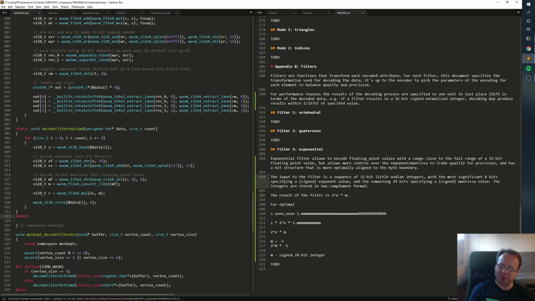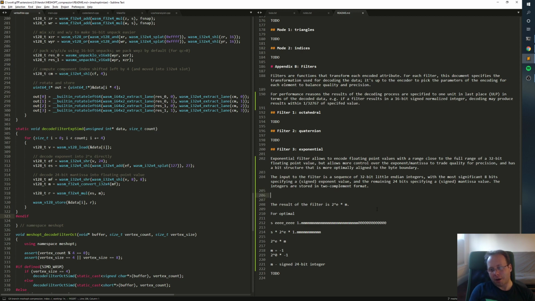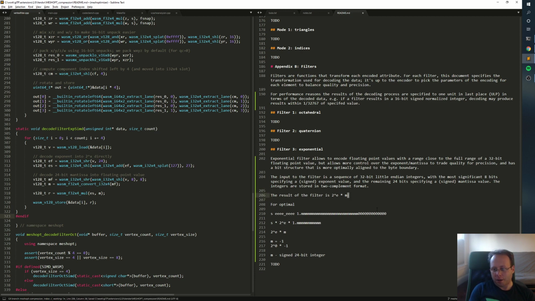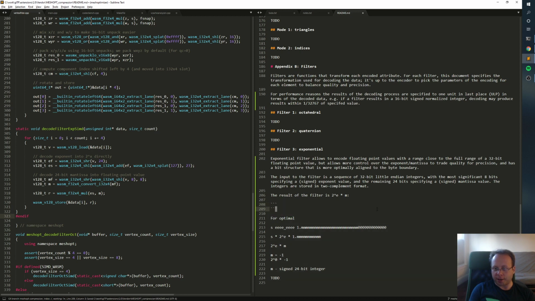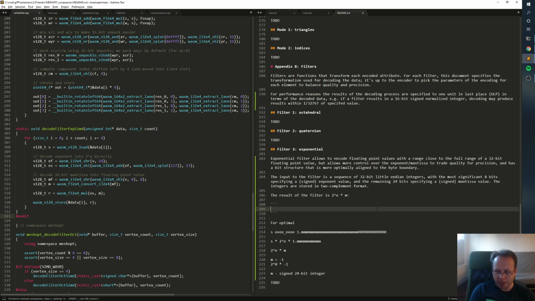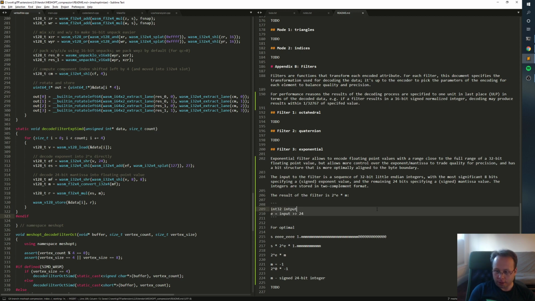I don't know how formal the specs should be, so for now, maybe I can do something like this, where I have the text representation of this, and then I just say something like exponent is the input shifted by 24, given a 32-bit integer input.